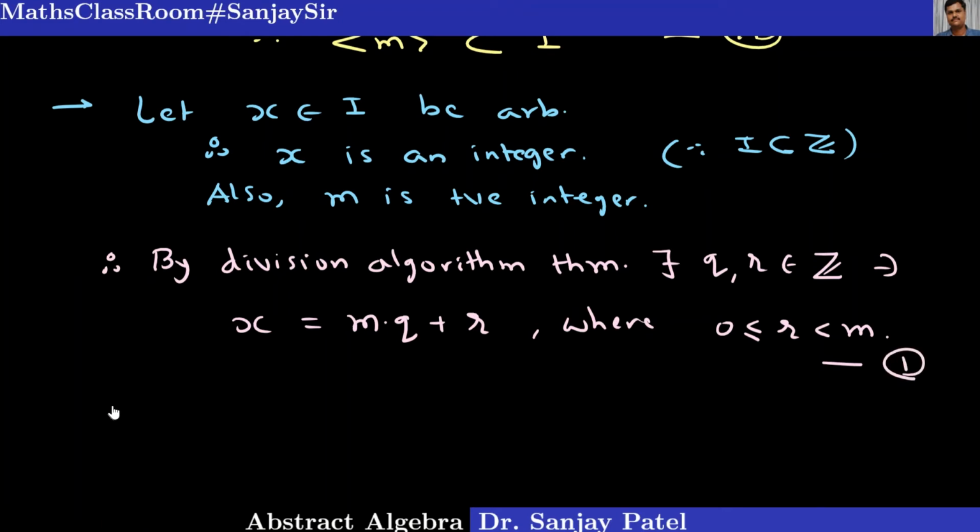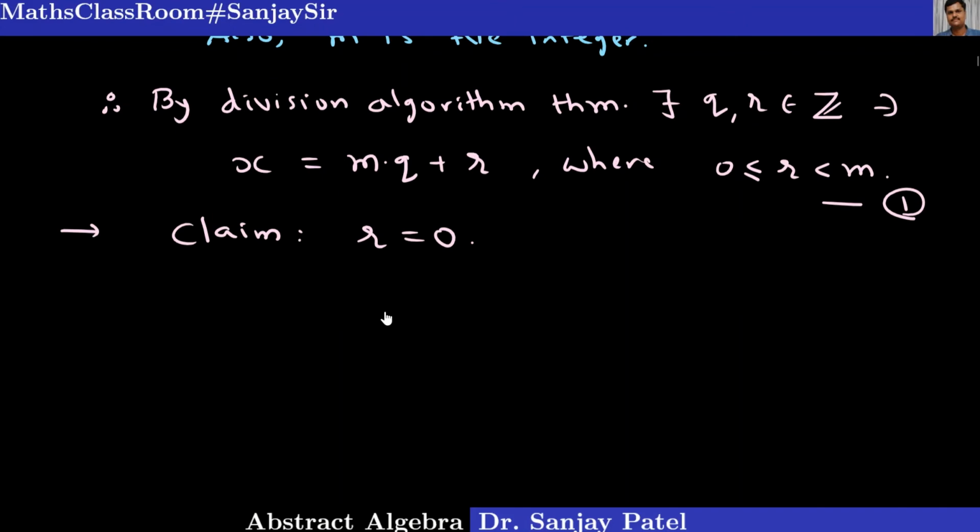Now, from this, what I want to prove here is r is 0. I claim that r is equal to 0. To prove this claim, let us assume to the contrary that, suppose if possible, r is not equal to 0.